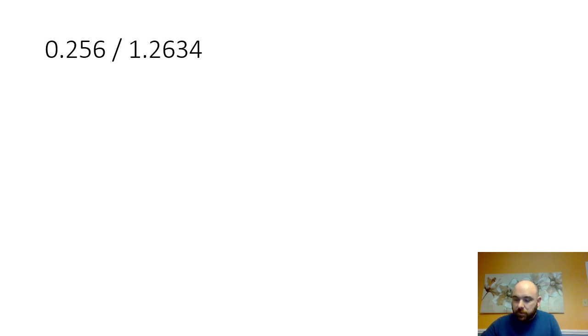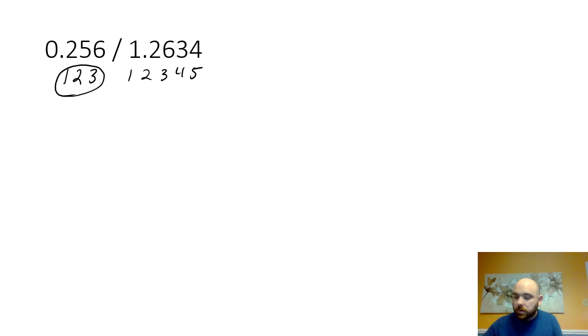The first number, that 0 is not significant because it comes before any other non-zero digits. So this number only has 1, 2, 3 significant figures. The next one has 1, 2, 3, 4, 5 significant digits because there are no zeros there.